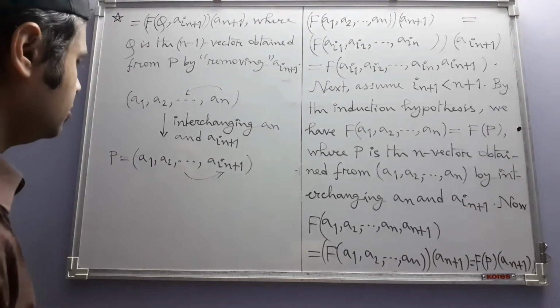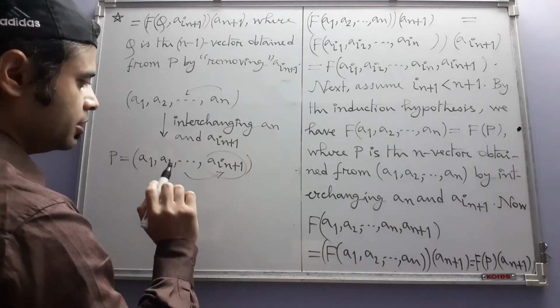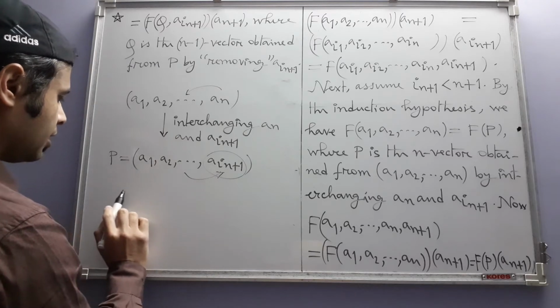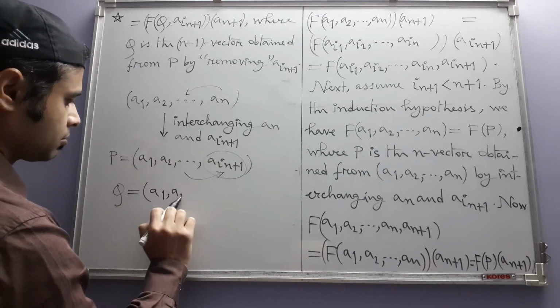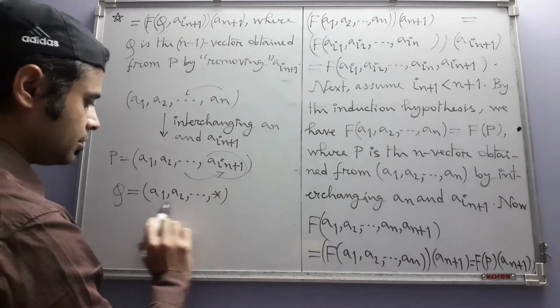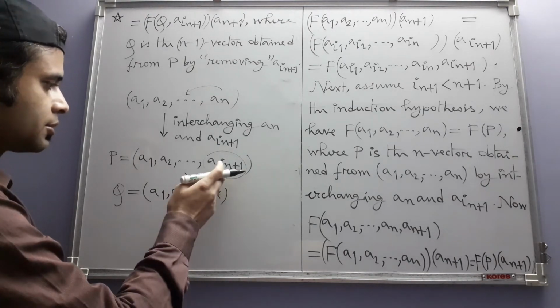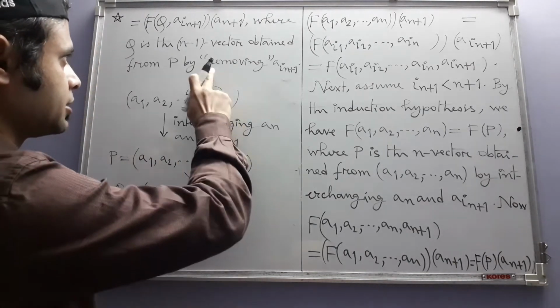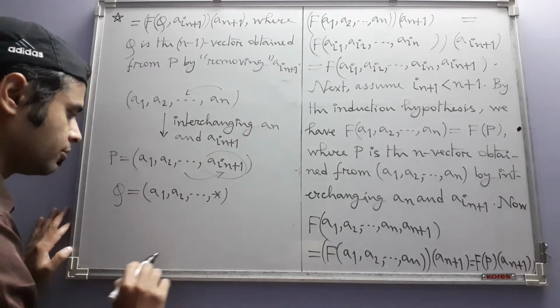So this is P, and if we remove this, whatever we are left with, that is Q. Since this is not a standard mathematical operation, I have kept removing within quotes. You can understand what we are talking about here.